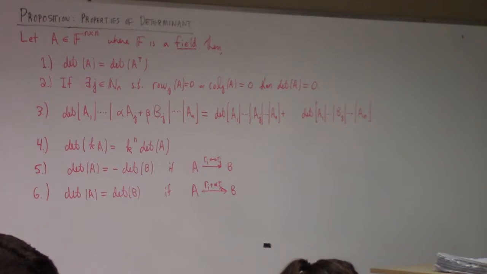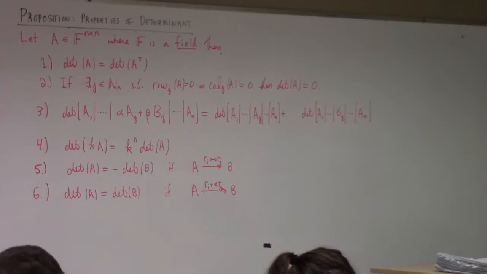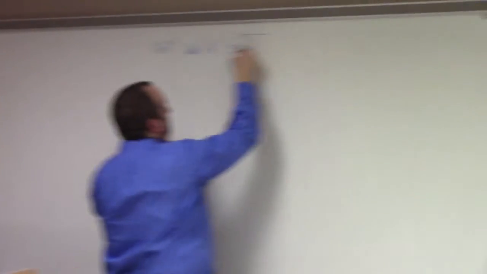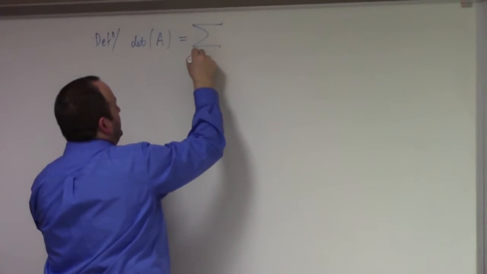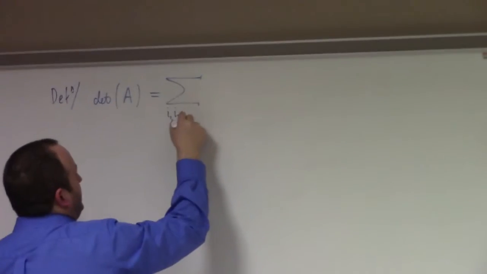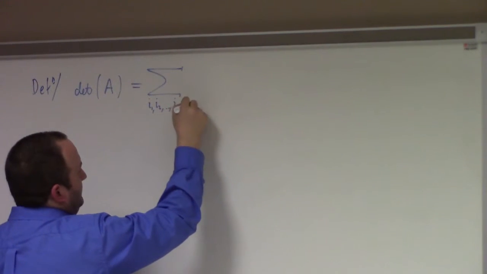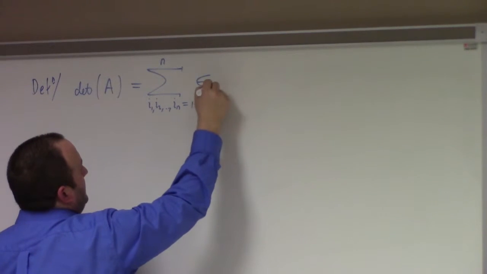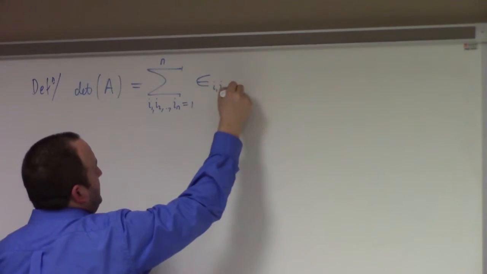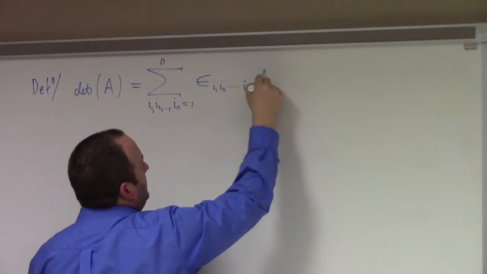The determinant of a square matrix A is equal to the sum over I1, I2, ..., In. So this is a sum over n indices, I equals 1 to n, of epsilon I1, I2, ..., In.